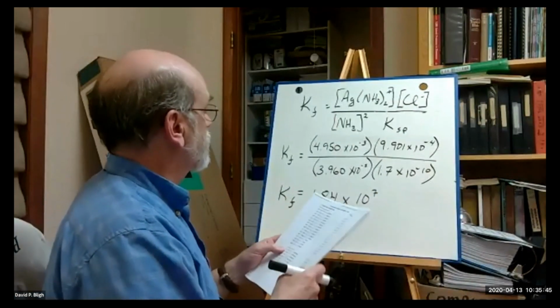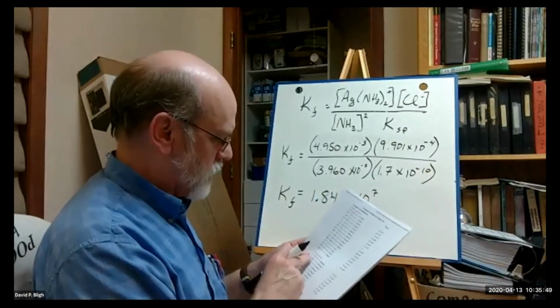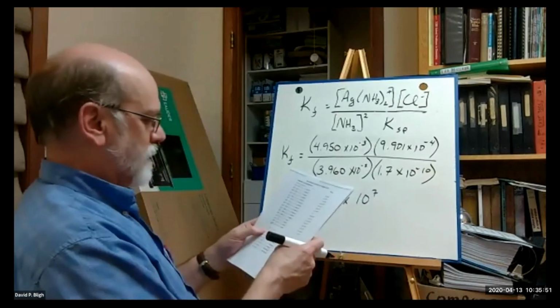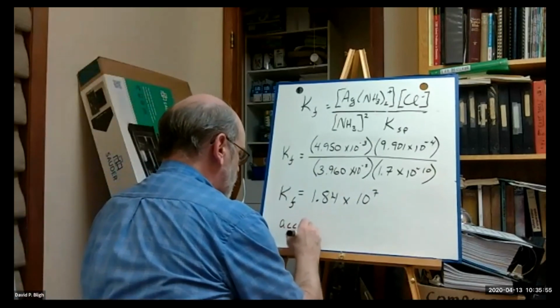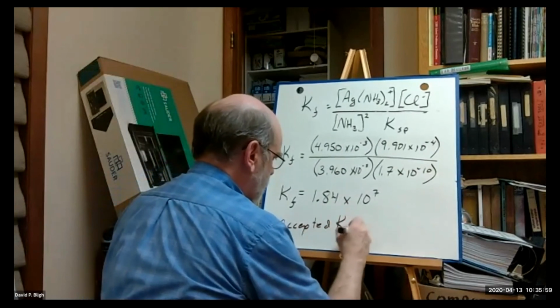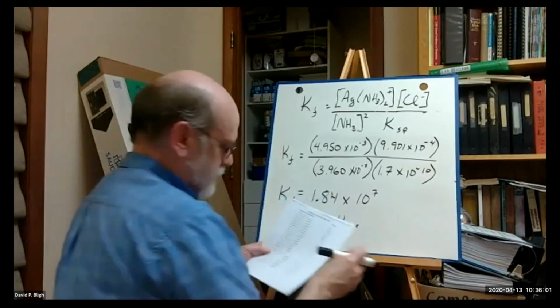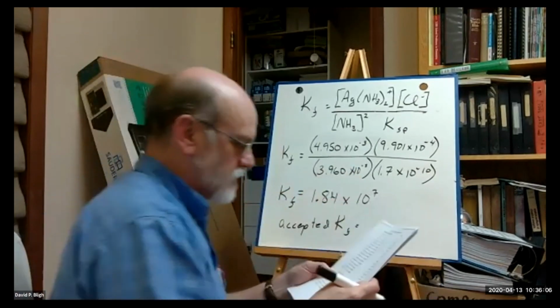So we need ammonia and silver. Silver and ammonia. Here we go. The accepted value, at least from this publication, they vary somewhat depending on which publication you look at.